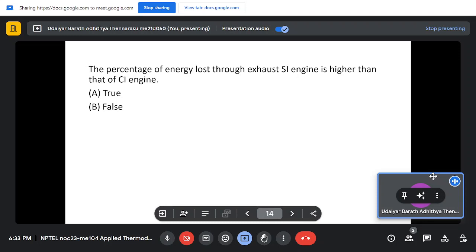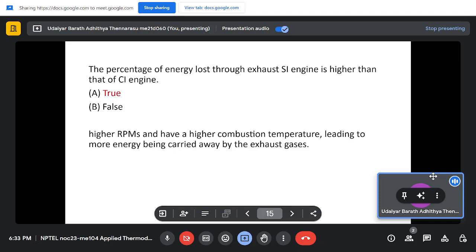Why is it? Because the SI engine operates at a higher RPM. Higher RPM means the piston is moving relatively more compared to the compression ignition engine, which is operating at lower RPMs.